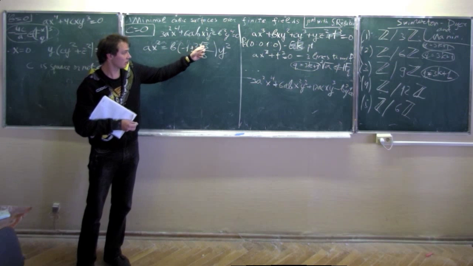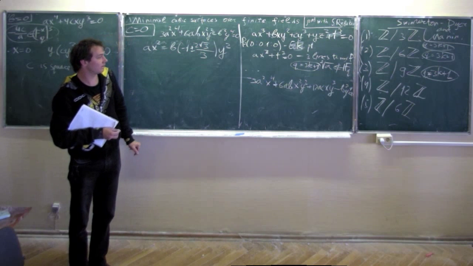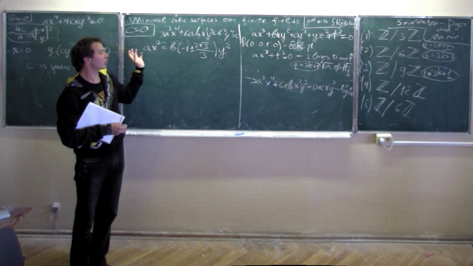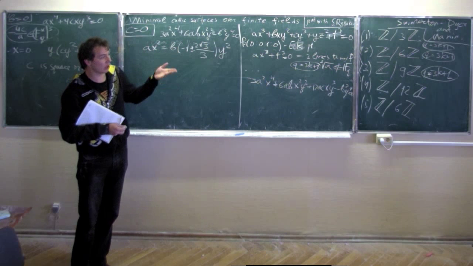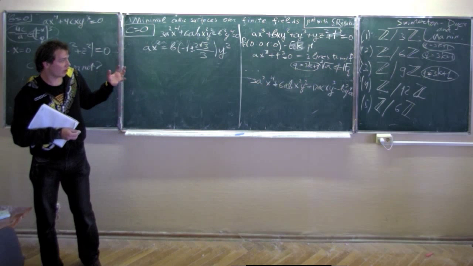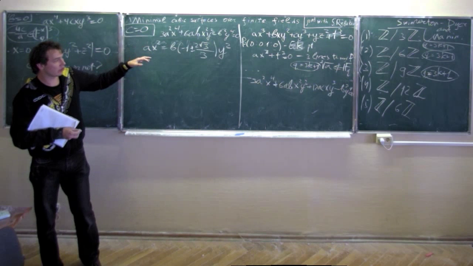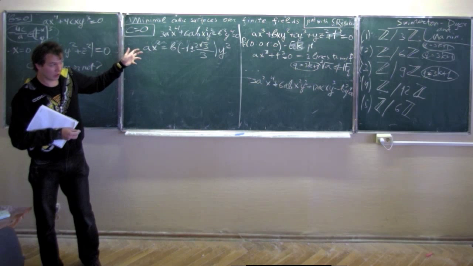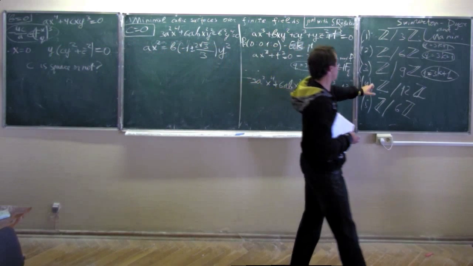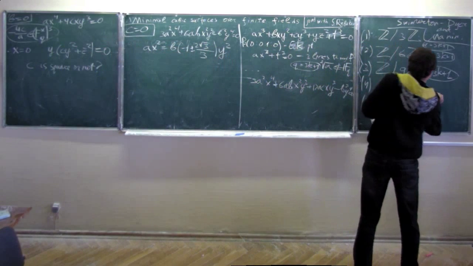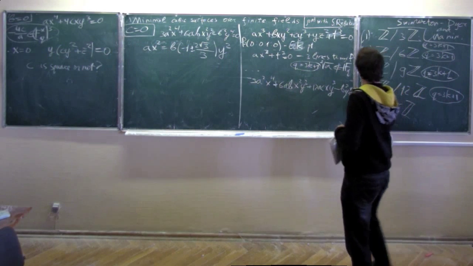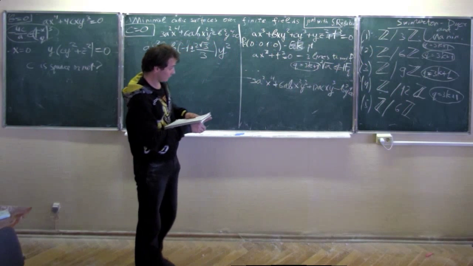And if this root lies in Fq, then we can find b such that the solutions of this equation are not defined over Fq. So by choosing b, we can find such an equation that its solutions are not defined over Fq. And so by the lemma, which I have just shown, in the first case, for q equals 3k plus 1, we can construct such a cubic with this property. Yes?